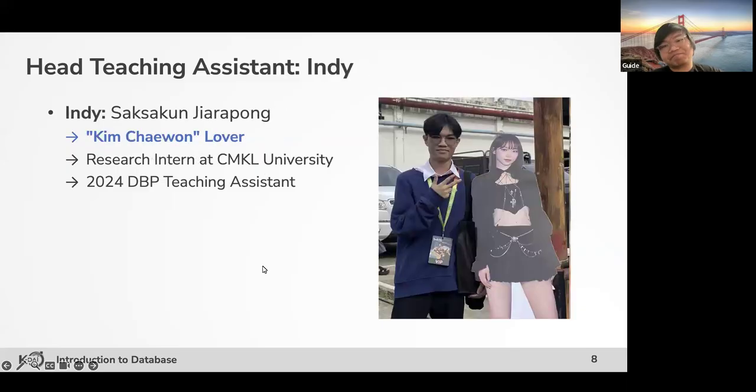Next, Indy. He is the president of the Kim Chae-won Thailand fan club. As you can see in the image, he did have a picture with Kim Chae-won, right? That's the real image, you know.